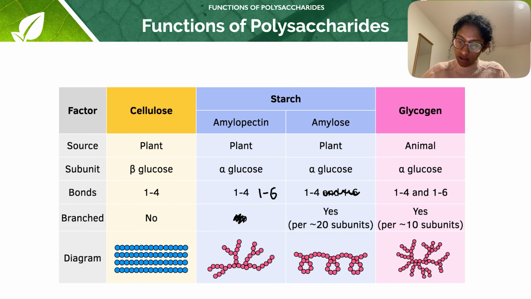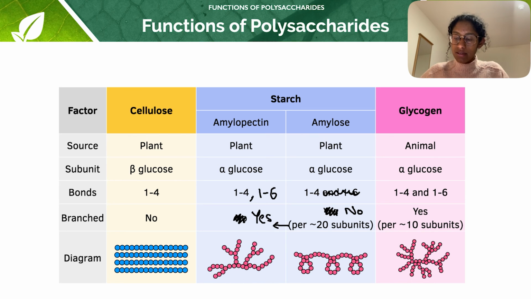So they've got this slightly the wrong way. Oh well, it's a learning curve. Because amylopectin has bonds at 1,4 and 1,6, it's a branched structure, which means it has this structure.